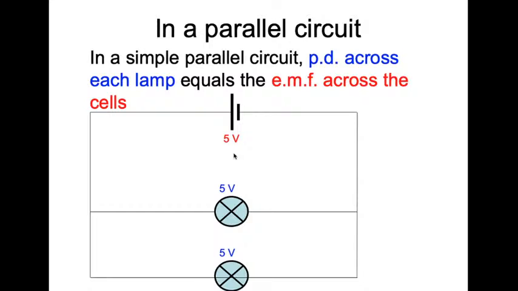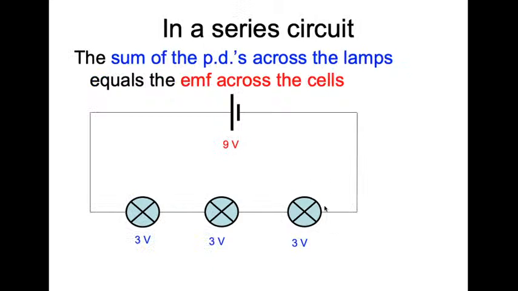But the potential difference across each lamp that is in parallel will be equal to the voltage of the cell. So each lamp is receiving the full voltage, but only a portion of the current. Whereas here, each lamp is receiving the full current, but only a portion of the voltage.